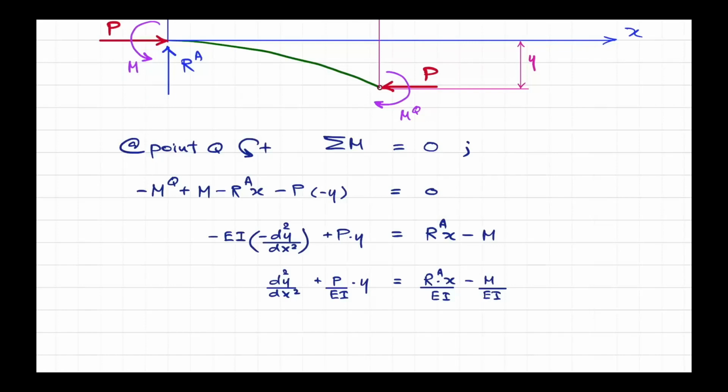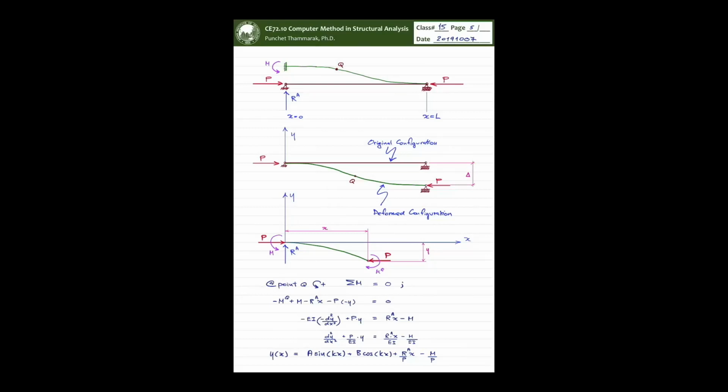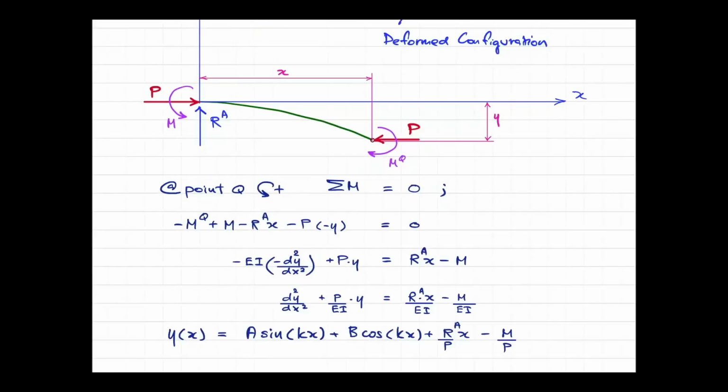So this solution we have is in this format: A, B, RA x, M over P. Okay, we don't waste the time there. Move it down a little bit.